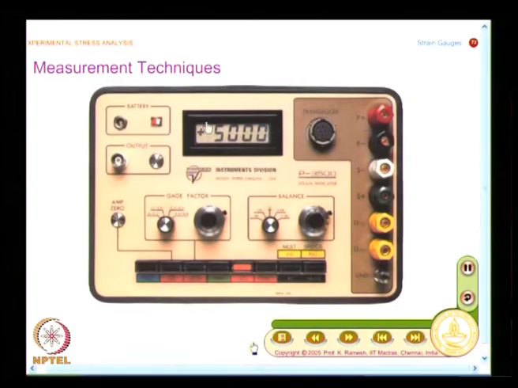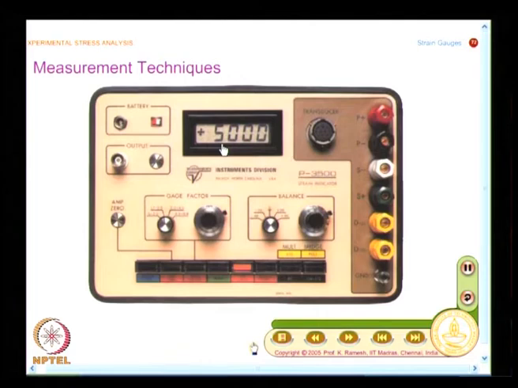You cannot adjust it, then the only recourse is to measure the initial value and also find out the final value, then do a subtraction, final minus initial. And what you see here is 5000 micro strain, and periodically you need to keep calibrating the equipment. So, you have a standard shunt resistance available in the equipment itself that can be connected, and that is rated for 5000 micro strain. That is how you keep calibrating the equipment.